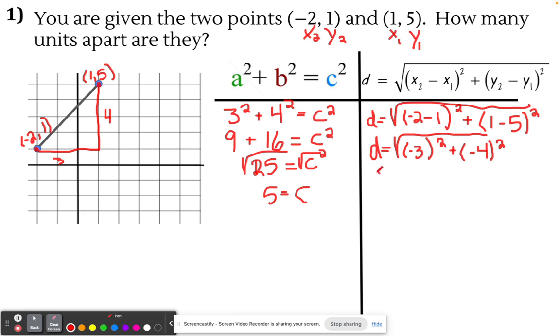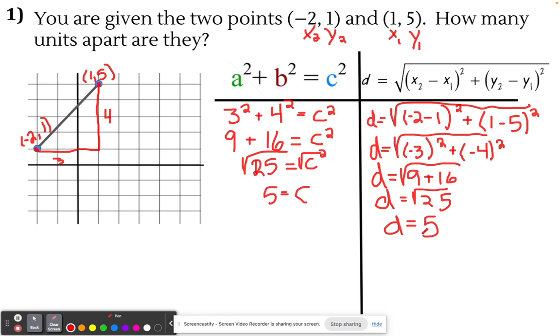Then I end up with my distance being equal to the square root of -3 to the second power, which is 9, plus the -4 to the second power, which is 16. 9 plus 16 is 25. So my distance is 5. Notice I get the same answer.